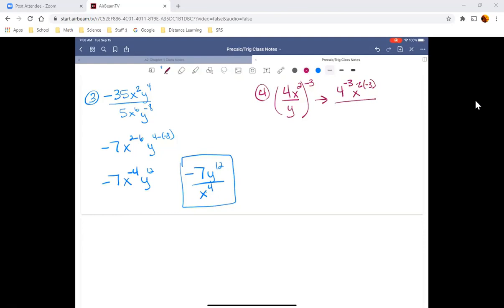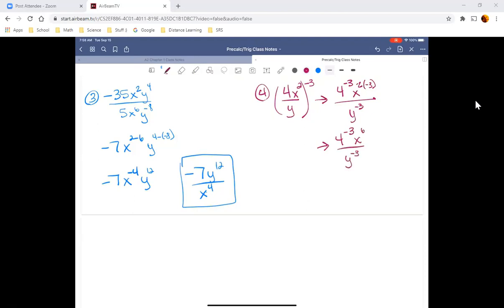And I can't leave my y out even though she's down below, right? So that's still going to be y to the -3. Yeah, share with everybody. So what am I up to? 4 to the -3, x to the 6th now, over y to the -3.